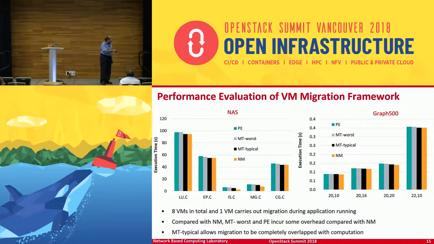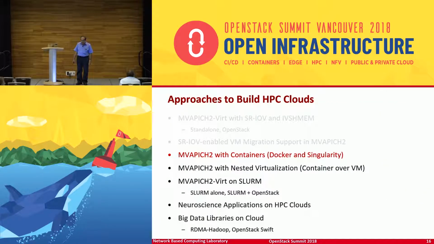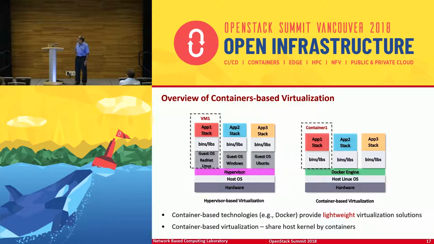These are NAS tests and Graph 500, the typical benchmarks we use on the HPC side, and you should be able to use the framework. Once the basic solution was there, we started looking at different kinds of container environments. As you know, we have not only Docker but also Singularity.